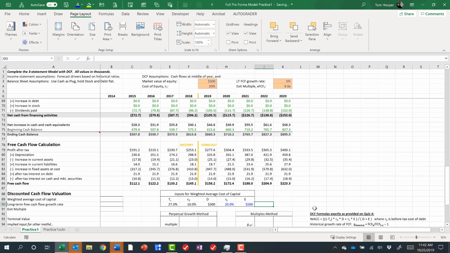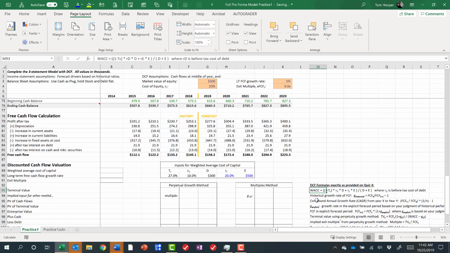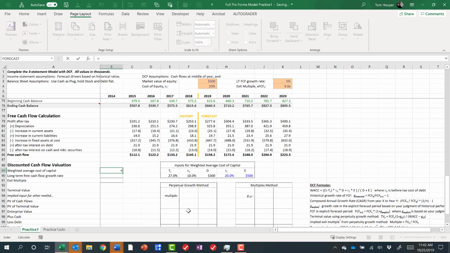And with those items, we can use our WACC formula, which has been adjusted from quiz 4. Quiz 4 didn't have before tax, it had after tax cost of debt. So we'll say it that way. Regardless, you know the formula for WACC.